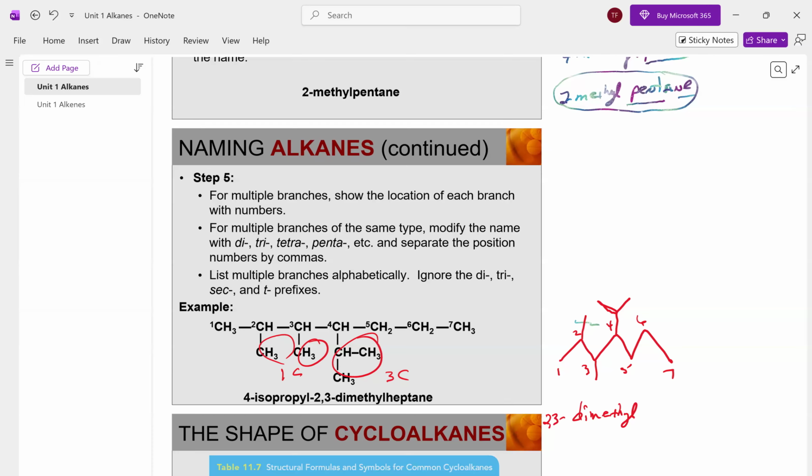That's on carbon number 4. We've got a 7 carbon backbone, and it's an alkane.